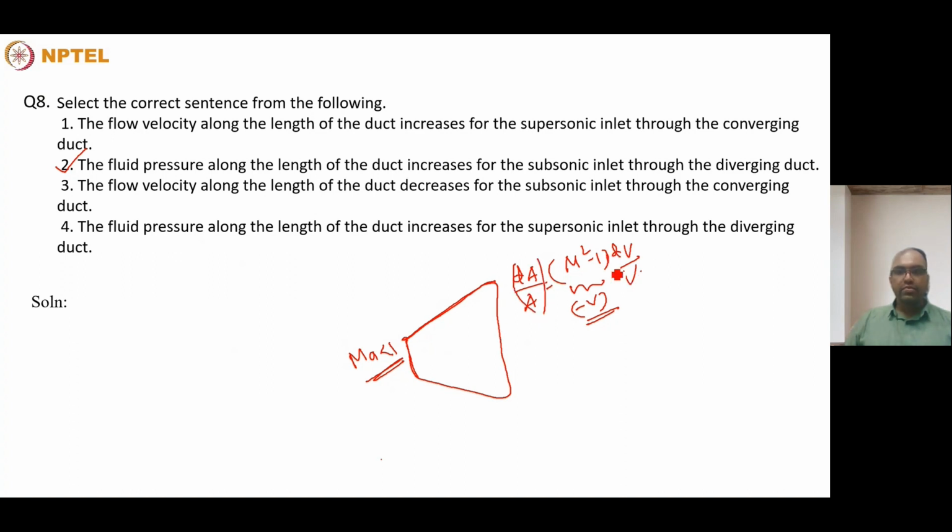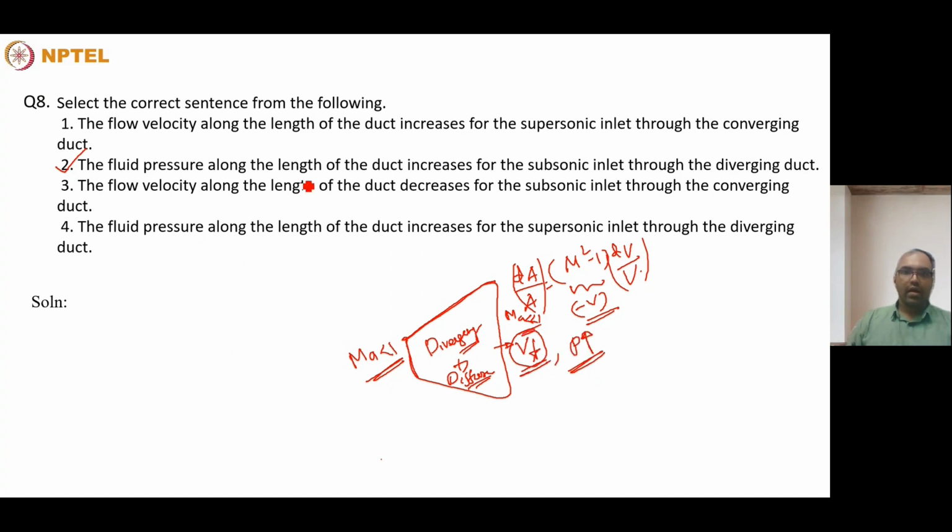Once the area increases, velocity decreases. So the diverging duct will be acting as a diffuser for a subsonic flow. That implies the velocity decreases and the Mach number reduces further below 1.